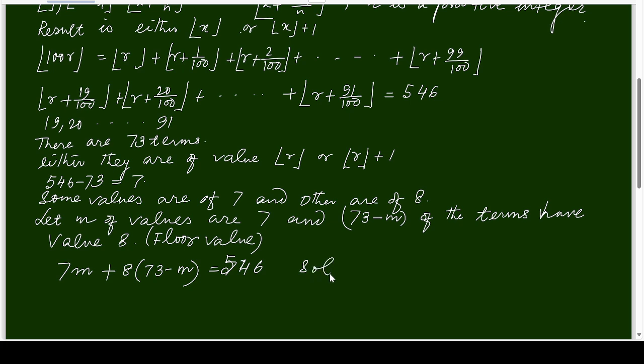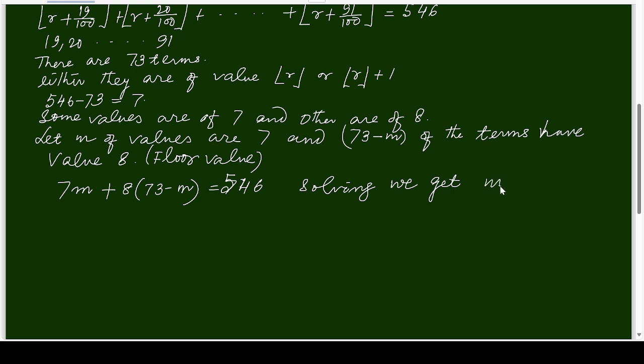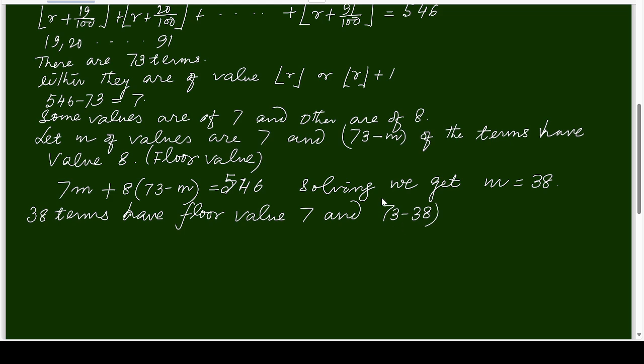Now solving this, we get m equals 38. That means 38 terms have floor value 7 and the rest, 73 minus 38, have floor value 8.